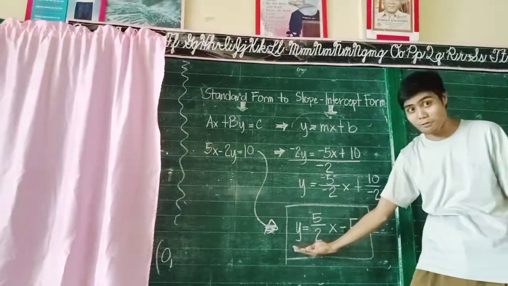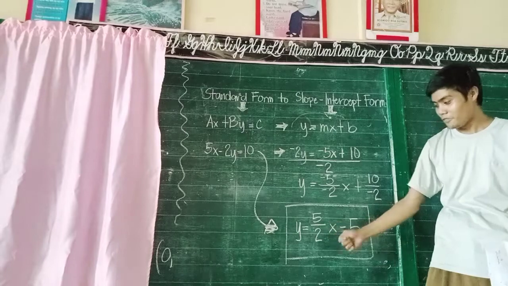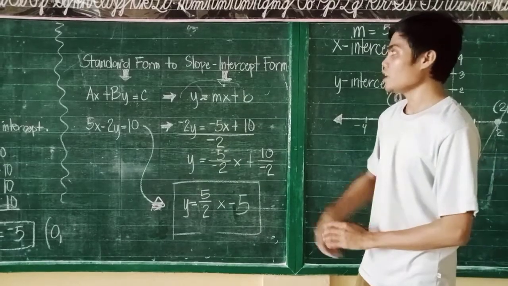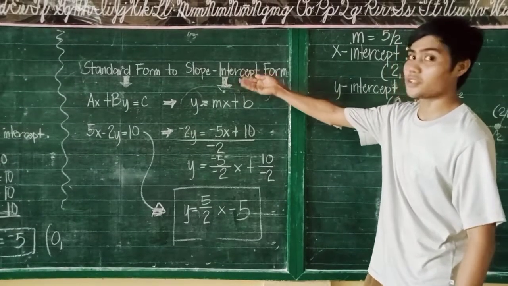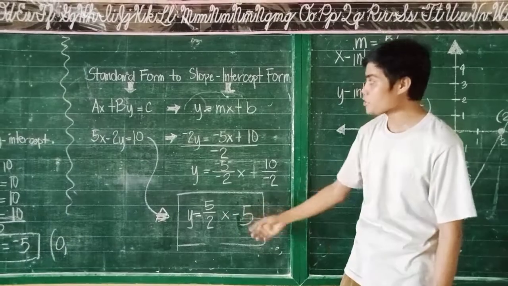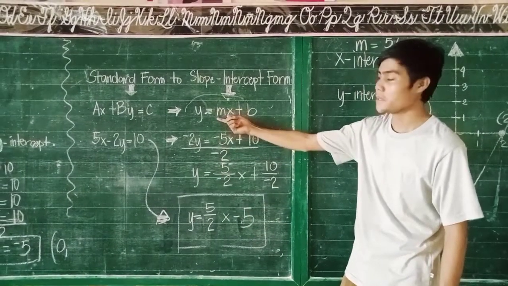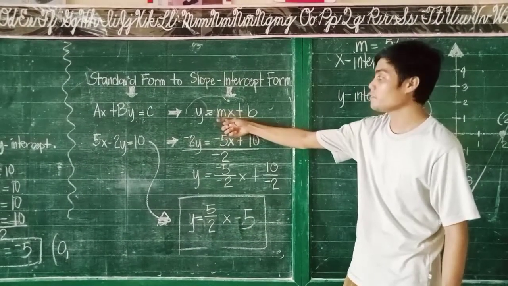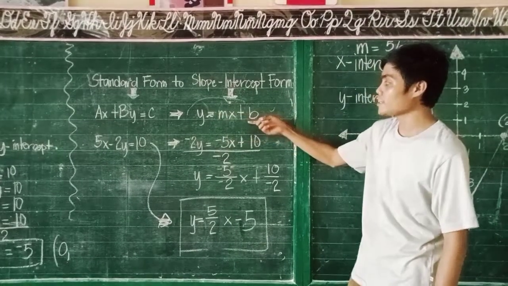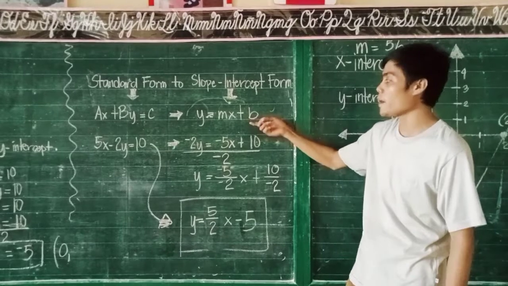So we have y is equal to 5 over 2x minus 5. In this slope-intercept form, the variable m is our slope, and this letter b here is our y-intercept.